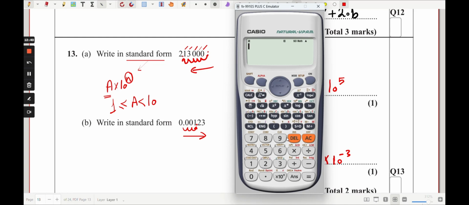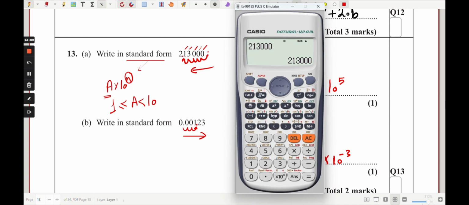So shift, then 9, clear, choose number 1, which is setup. Now equal, it means clear setup, and AC means complete. Now if you want to write it again to be sure that the setup is back, it's the same numbers in here. It's not written in scientific notation.